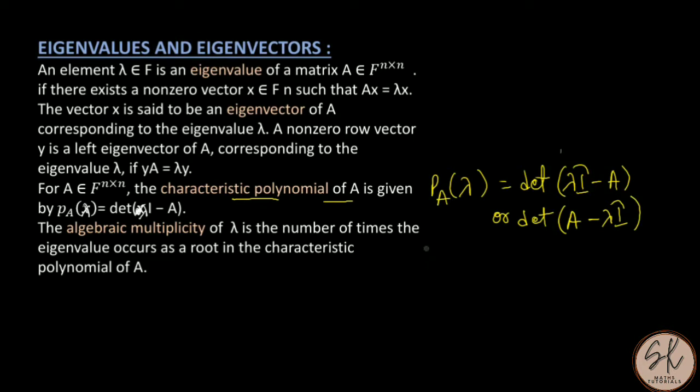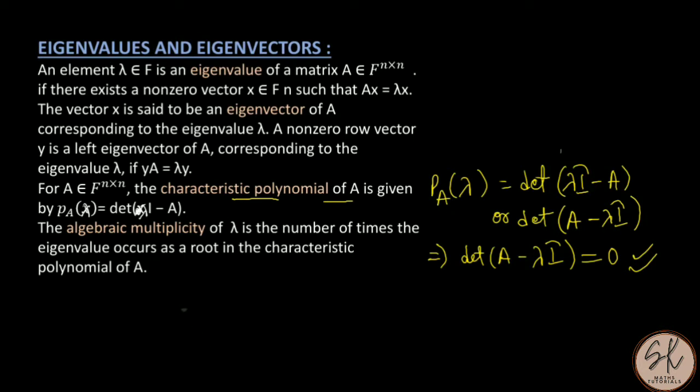Now next, when we equate this to 0, that is determinant of A minus lambda I equals 0, then this is called the characteristic equation.